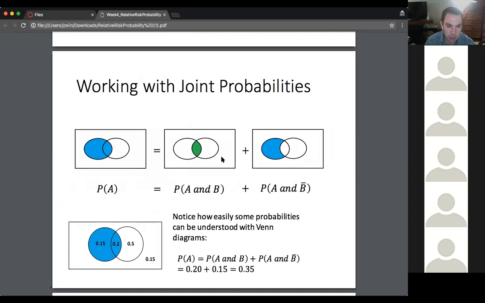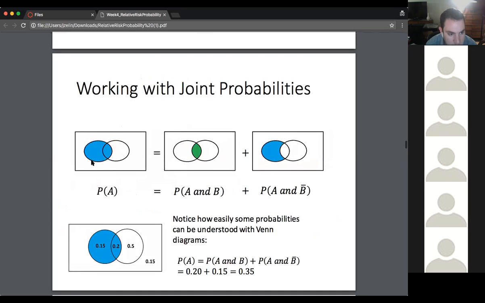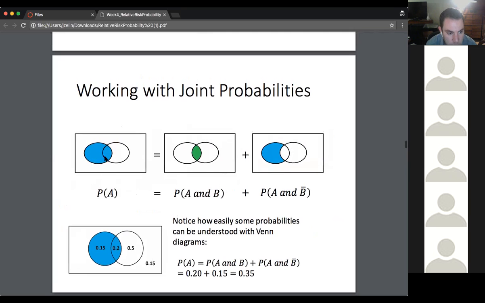So when we're working with joint probabilities, we can assign the different probabilities to each of the different regions as shaded here. So we see here the probability of A is this blue shaded region, which is represented by the probability of A and B, the green region, and the probability of A and not B, which is this blue region.